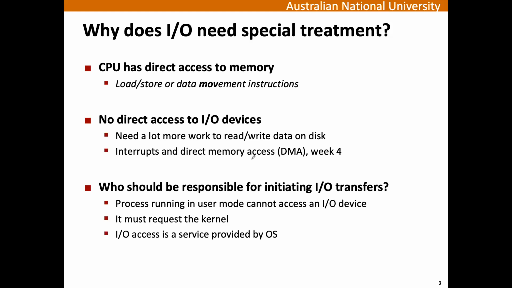And this is due to the underlying architecture of computer systems. We need a lot more work to read, write information or data or files on disk. And if you remember week 4, we need interrupts and we need direct memory access, a mechanism for transfers between IO devices and memory.